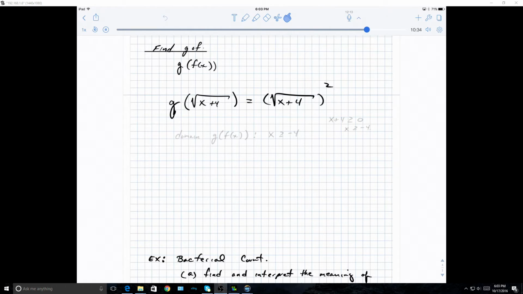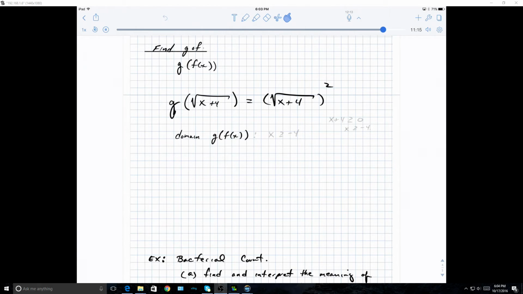Now, if we take a look at this, it may look a little interesting, and you might want to say it's all of the real numbers. But let's take a closer look. If we look at the domain of g of f of x, yes, it does look like it might crunch down into a nice value, but we still have to take the square root before we can square, right?